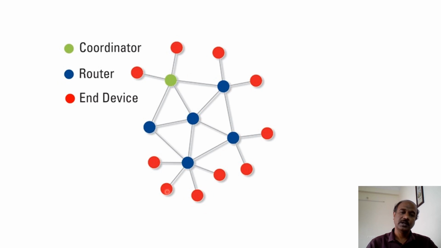Remember, any two ZigBee end devices directly cannot communicate. Either the communication has to happen through the ZigBee router, or through the ZigBee coordinator. So remember, there will be three types of devices in a ZigBee network: the ZigBee coordinator, these blue colored ones are ZigBee routers, and these red colored devices are ZigBee end devices, which can be, for example, a ZigBee enabled electrical switch.